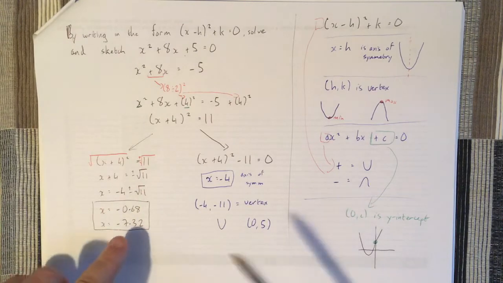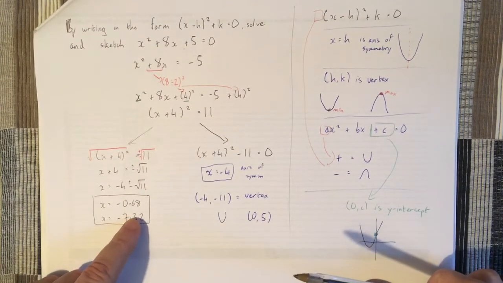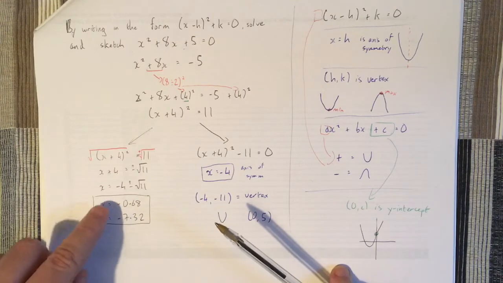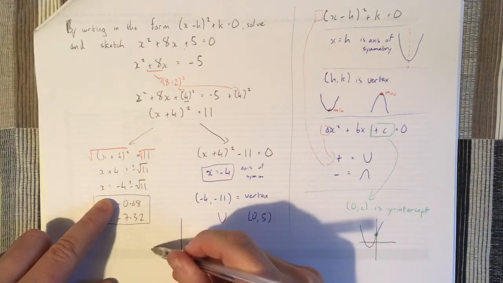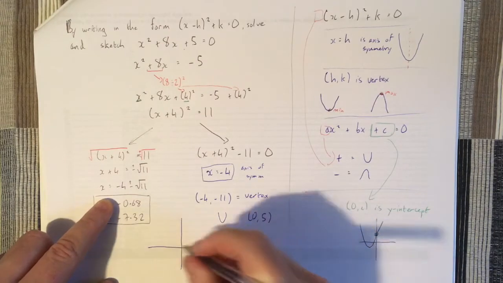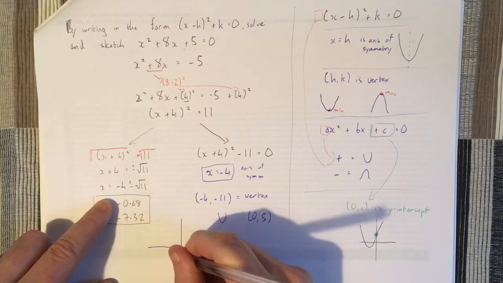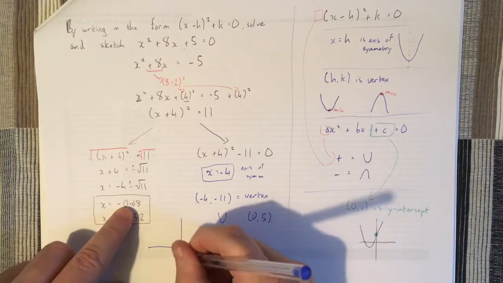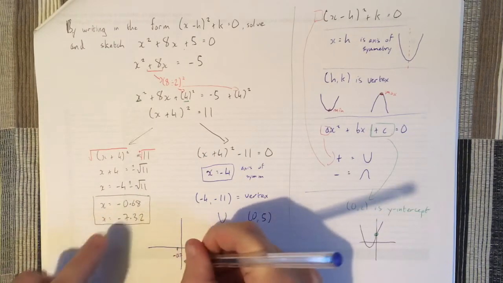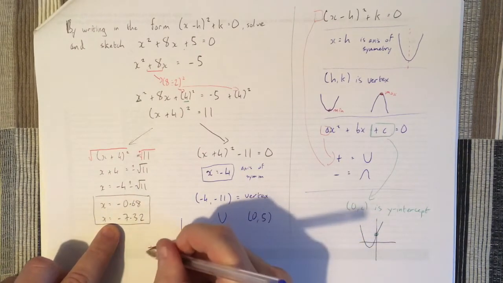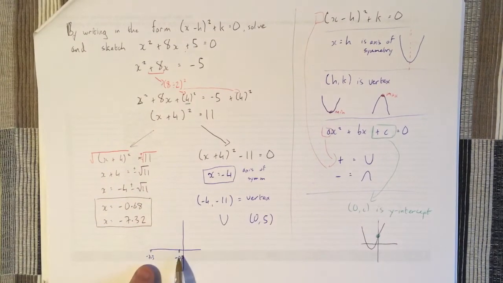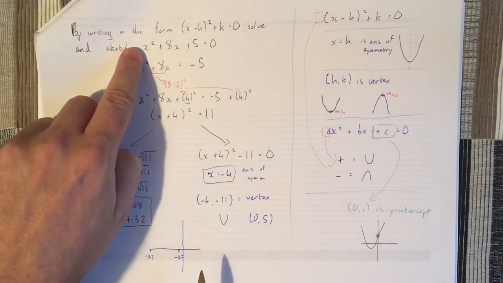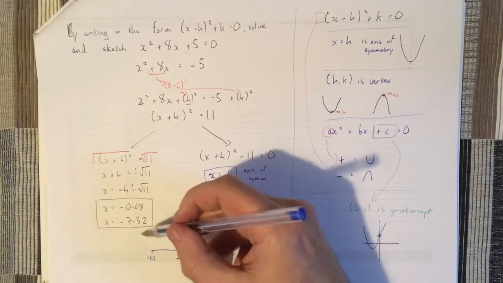Well, if I was to quickly sketch a really rough version of this, it goes through minus 0.7, and I'll say minus 7.3. So I know it goes through those 2 points. It's plus x squared, so I know it's going to be U-shaped.